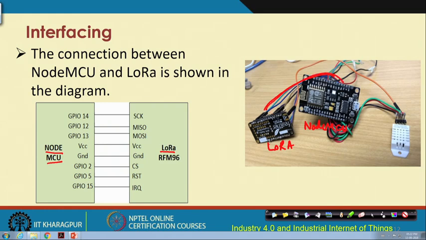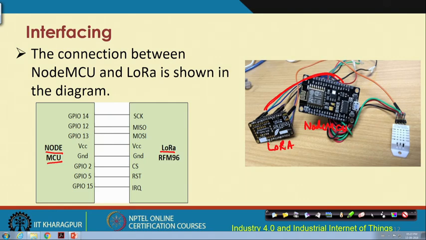We have different jumper wires connecting different ports from the LoRa module to the NodeMCU. You can also see how jumper wires connect the temperature sensor's pins. There were 4 pins, as we saw in the previous slide, and these 4 pins, 1, 2, 3, 4, and how they connect is shown over here.